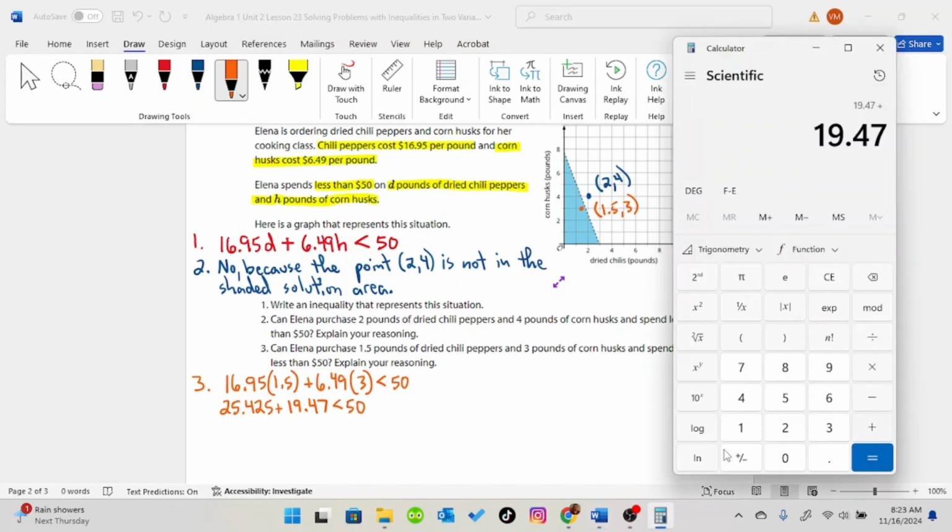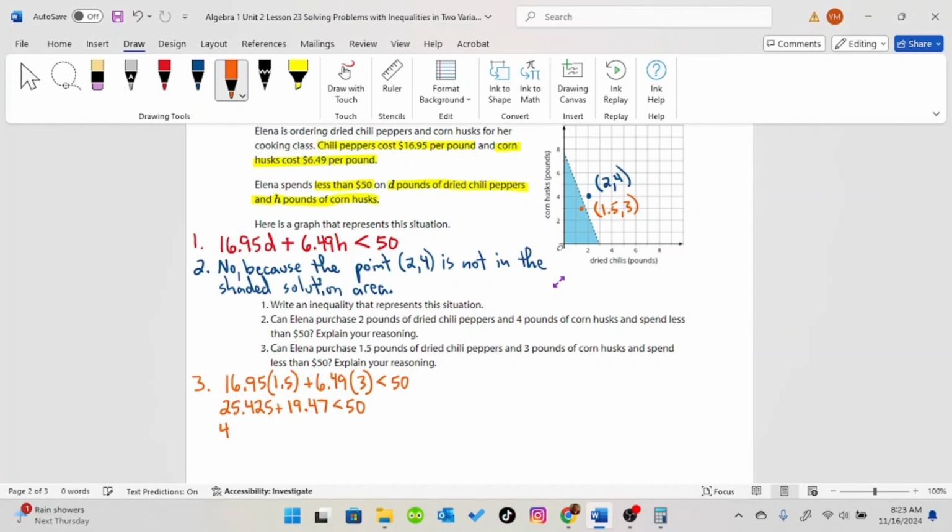And when we add these together, we get 44.895, so that verifies our belief that that point is in the blue shaded region.